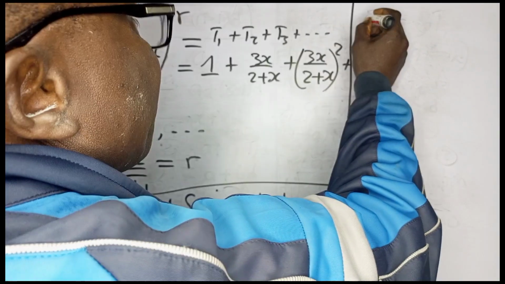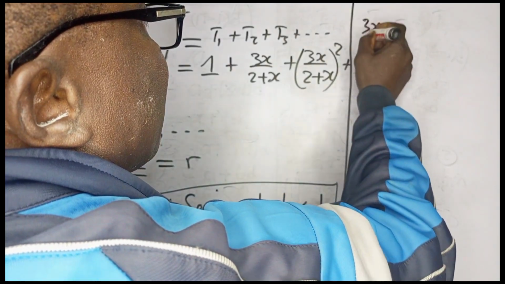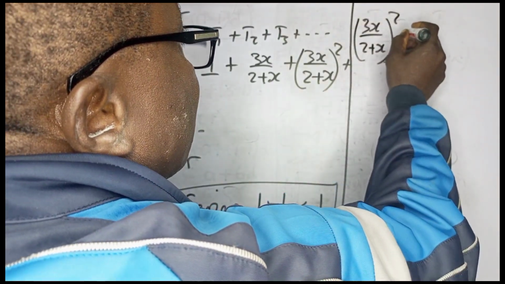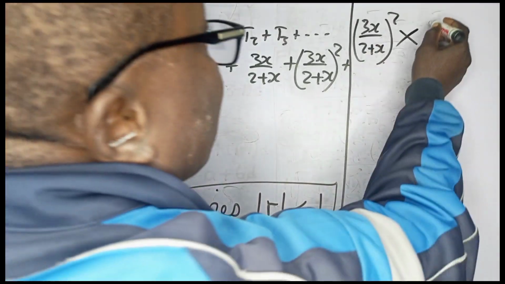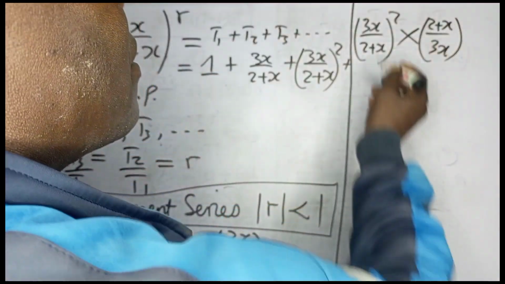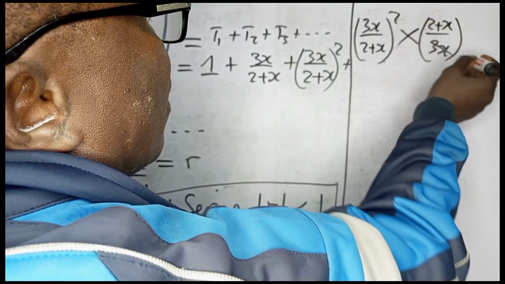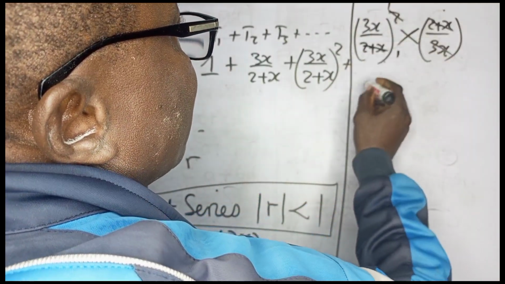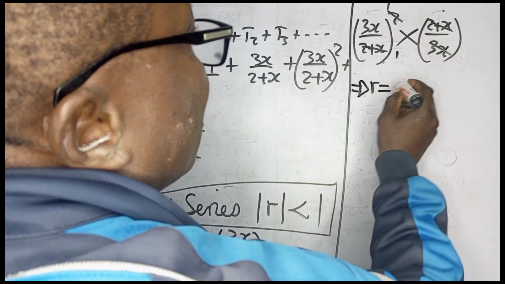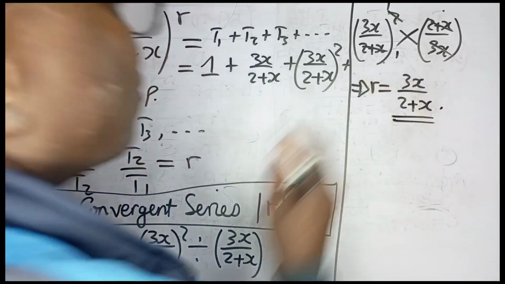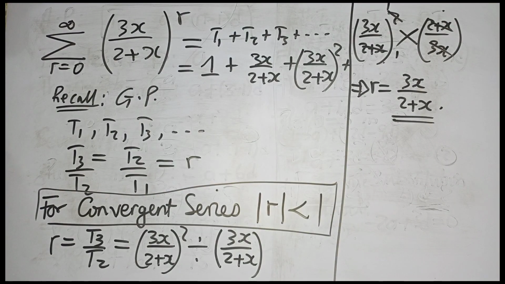We maintain the first fraction, (3x over 2 plus x) squared, then change to multiplication and invert the other one: (2 plus x) over 3x. One of the squared factors cancels, leaving 1, so we end up with r equals 3x over 2 plus x. That gives us our common ratio.